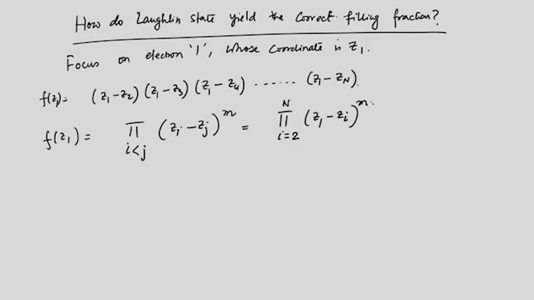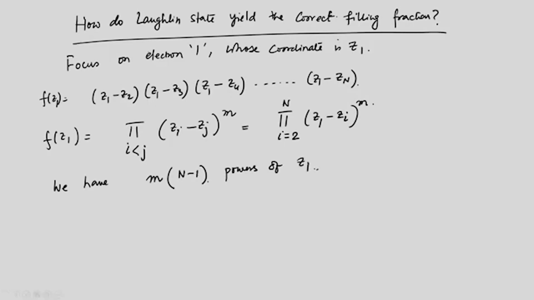So, at zi equal to z1 there is of course a 0. So how many powers of z1 do we have in this particular case? It is m powers of z1 for each factor, and there are n minus 1 such factors.